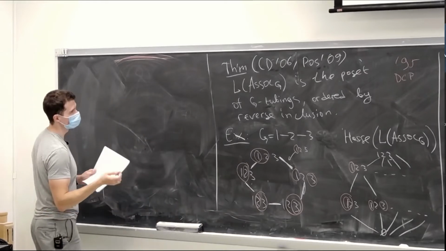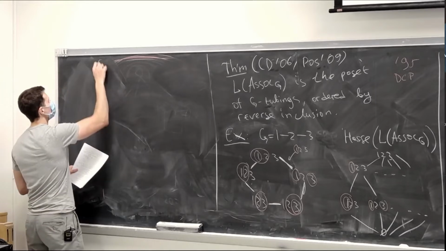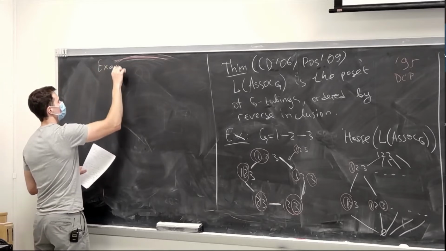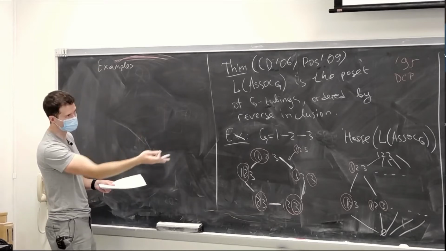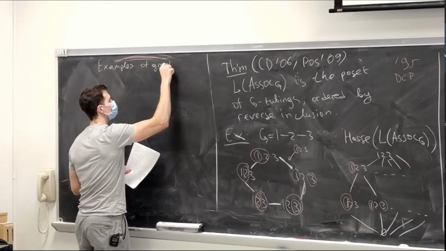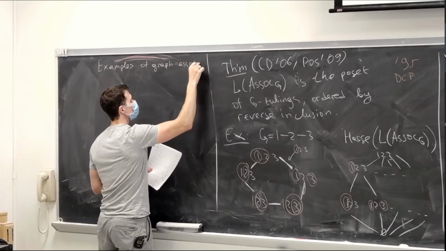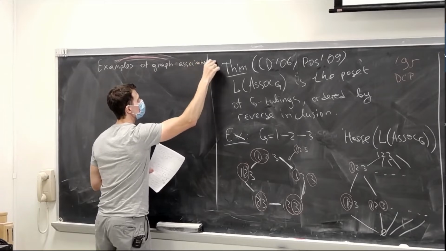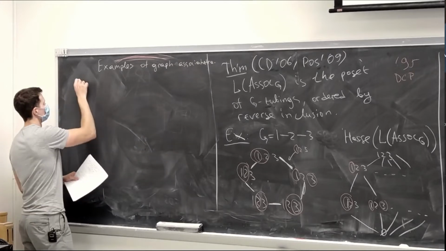Let me give you a few examples of graph associahedra. Of course you have this general procedure, but it would be nice if for some nice graphs you would get nice polytopes. One example is the one right here.